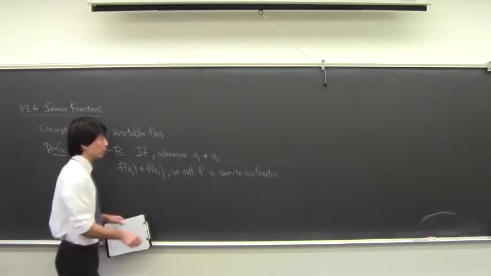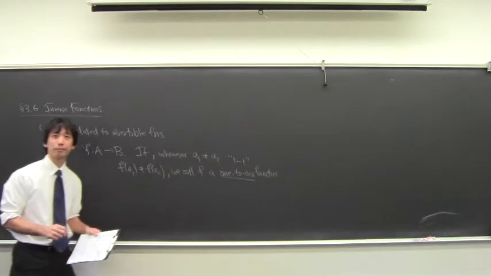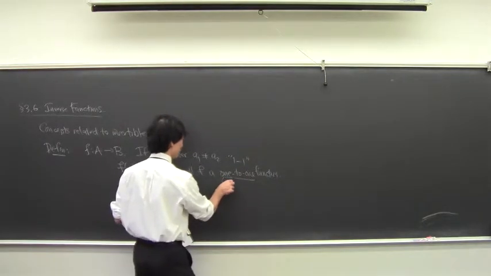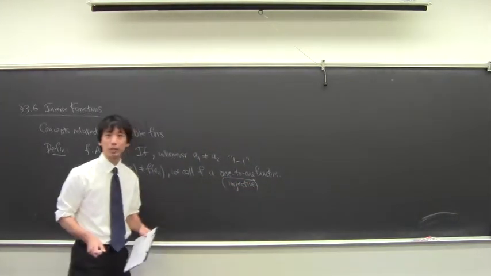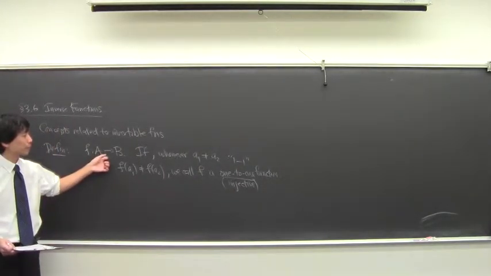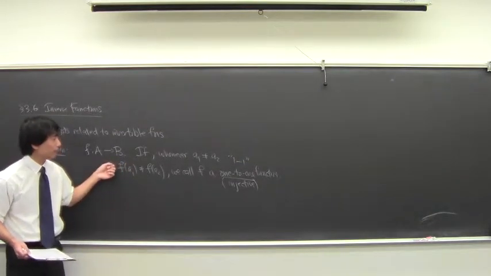Okay. One-to-one. And it's often abbreviated as 1-1. There's another term for this, it's called injective. But I think one-to-one is more picturesque. Okay, so think about that for a second.